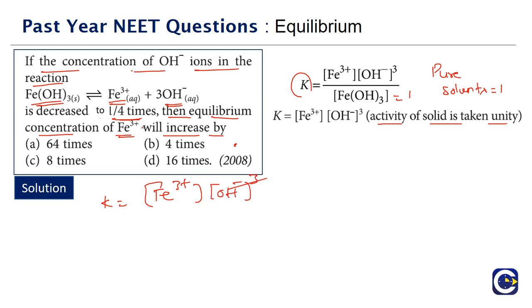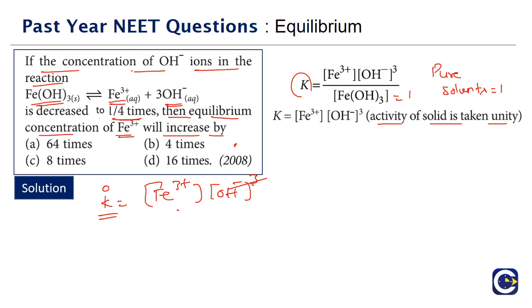Now what is happening to the OH minus concentration? It is decreased to 1/4 of its value. Means at a given temperature, the value of the equilibrium constant must be the same. So the product of these two values, Fe3 plus concentration into OH minus concentration, should be the same.